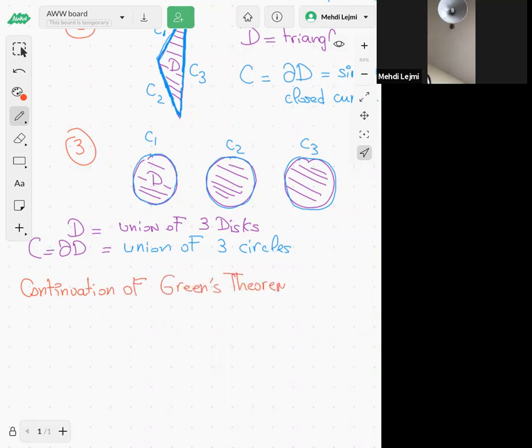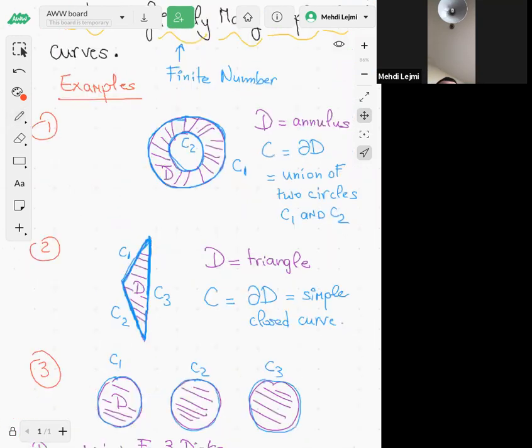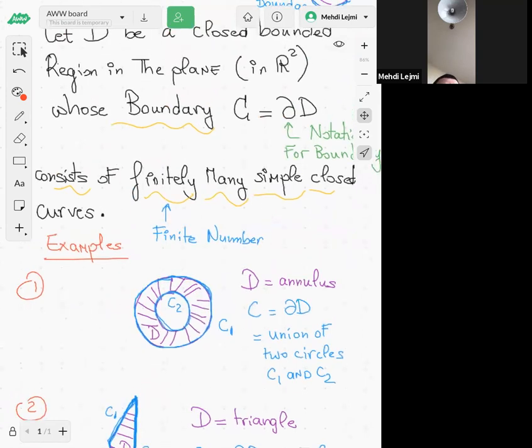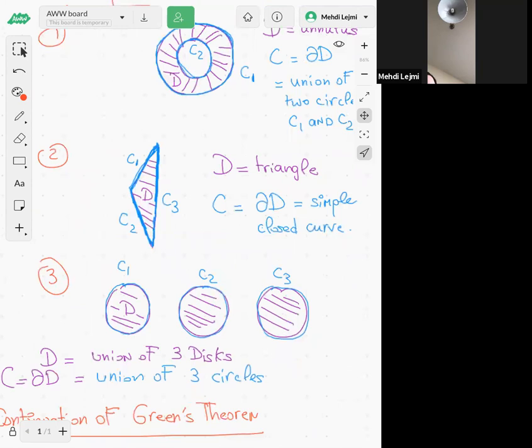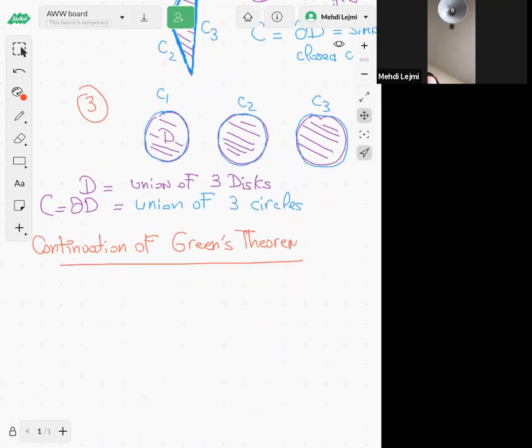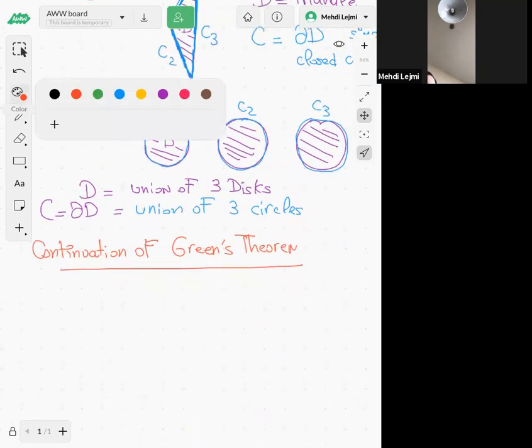As I said here, guys, I just explained what I mean by region D whose boundary C consists of finitely many simple closed curves, right? Now I'm going to continue with Green's theorem. So we need to give an orientation to the boundary.